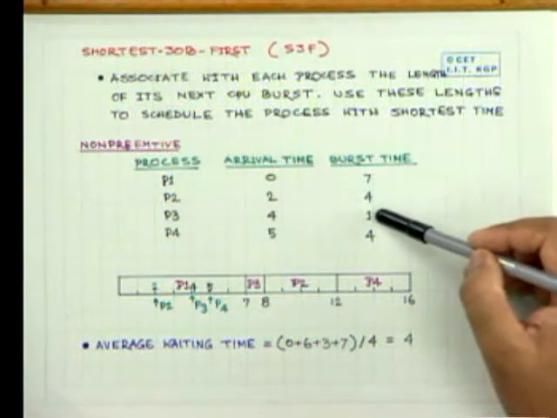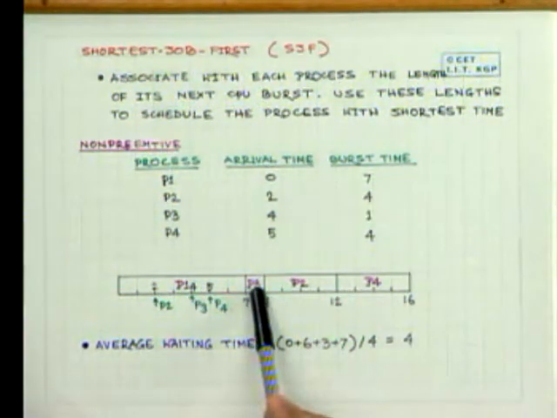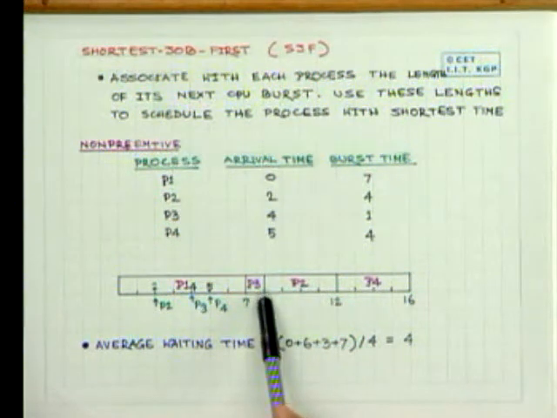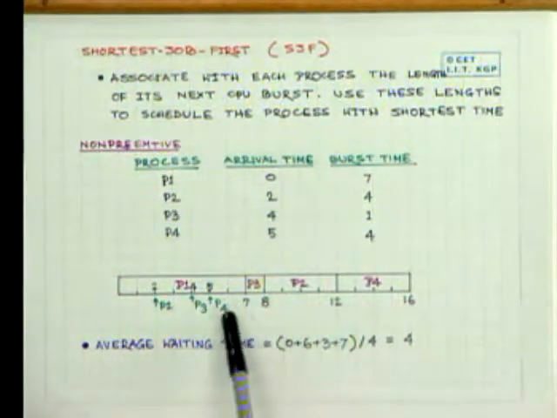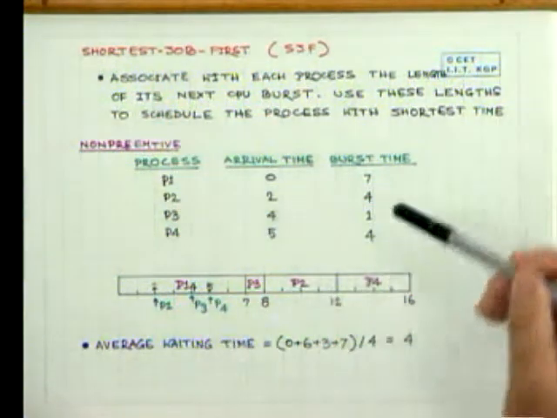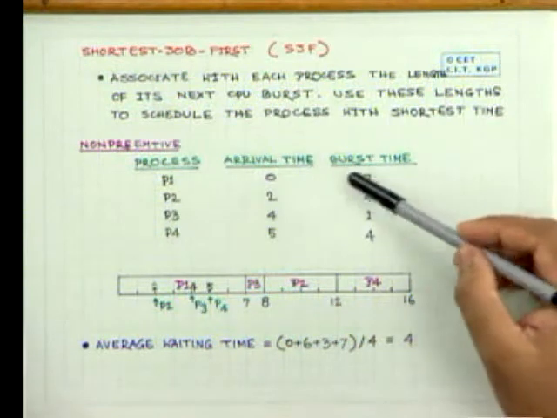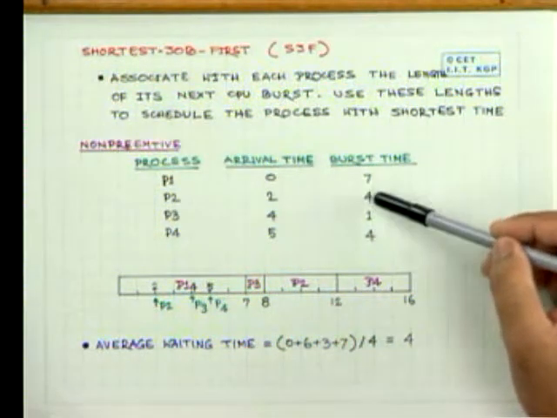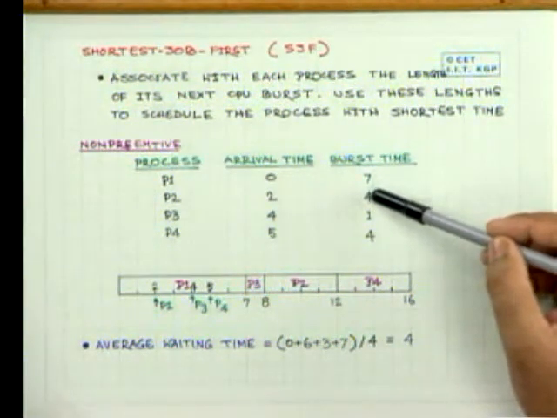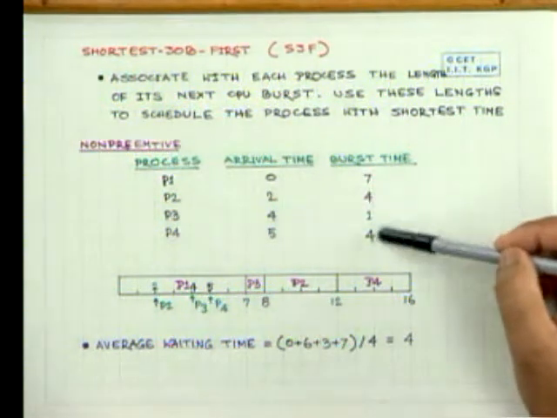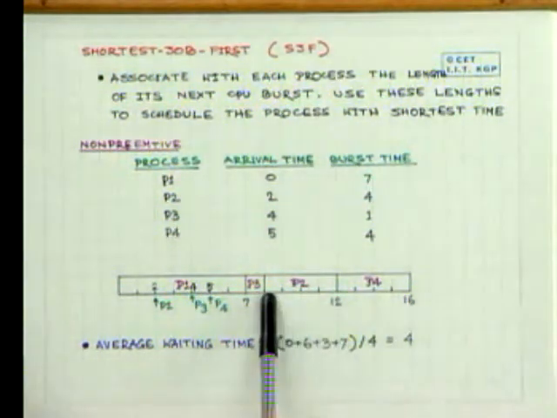After P3 goes to the IO wait, the remaining P2 and P4 both have a burst time of 4, and since P2 arrived earlier than P4, we break this contention in terms of arrival time, and P2 is given the CPU.